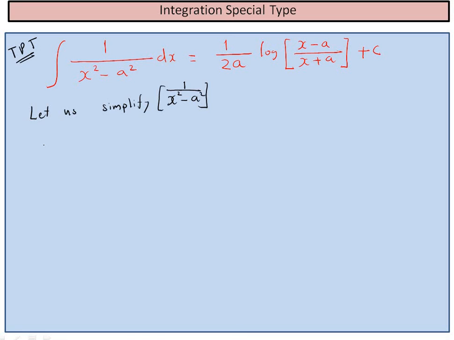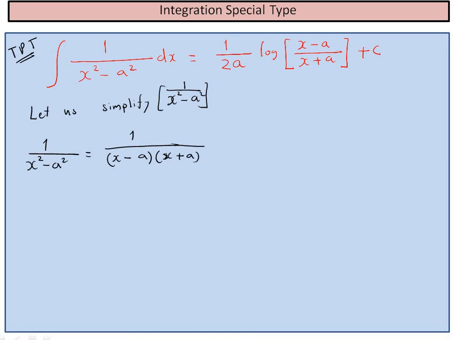चलो कैसा करेगा? 1 upon x square minus a square is equal to 1 upon x minus a into another bracket x plus a.